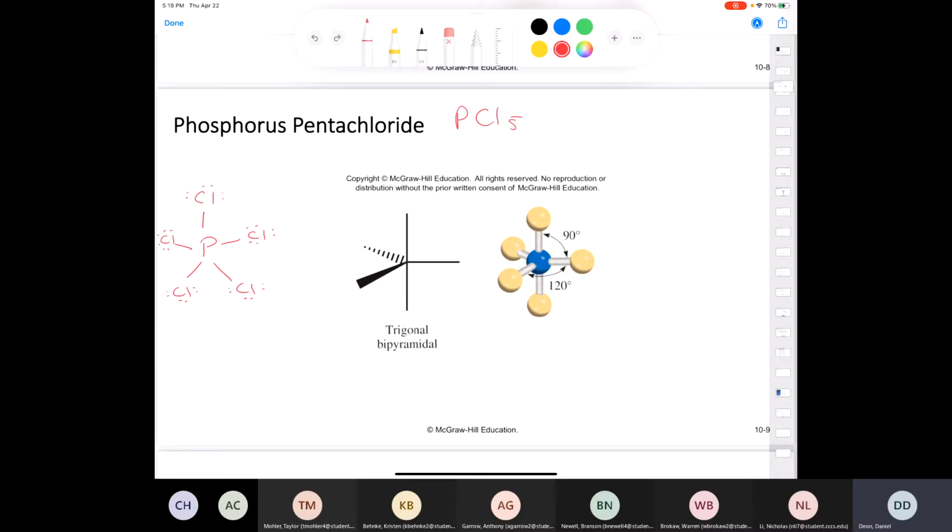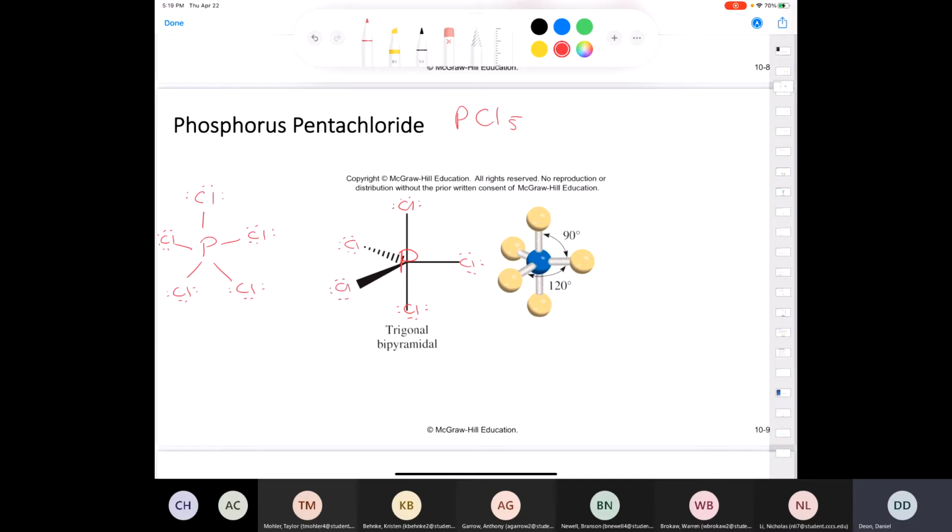When we have the trigonal bipyramid, the way that we represent it is we have our central atom, which in this case is our phosphorus. We're going to have one chlorine pointing straight up, another chlorine pointing straight down, and then we have 3 chlorines in the middle, all splitting up a circle. So it's kind of like they're trigonal planar in the middle. So we have a chlorine here, another chlorine here going back on this dash, another chlorine coming out on this wedge.